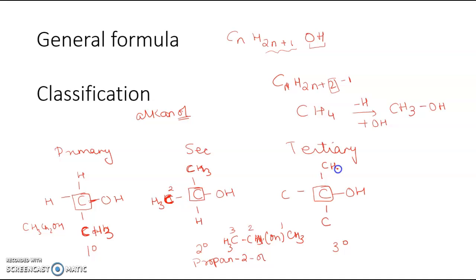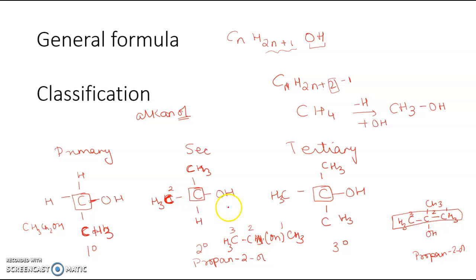This could be the tertiary alcohol. What we've written is CH3, COH, and then you've got another CH3 here, another CH3 here. So it's another way of showing the compound. So 3 carbons in the longer chain, so that parent chain is propane and the position is 2-ol.